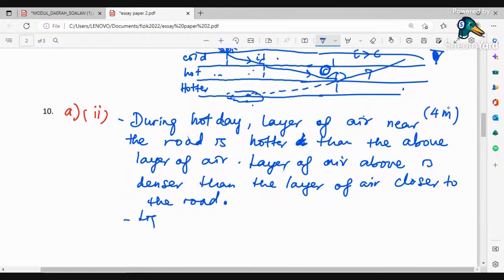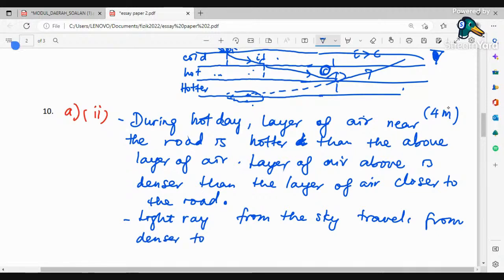Light ray from the sky travels from denser to less dense medium. This causes it to refract.